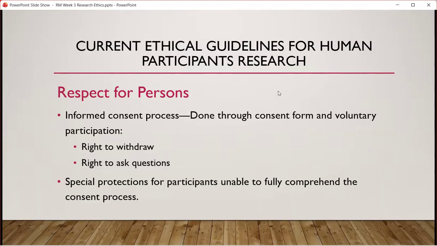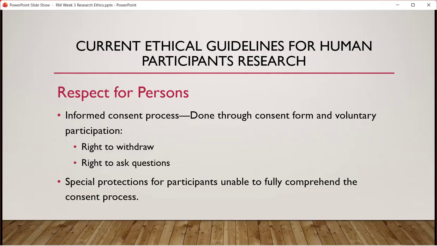So our current ethical guidelines for human participant research is respect for persons. So this means we have the informed consent process, voluntary participation. Participants have the right to withdraw. They have the right to ask questions. And they also have the right to request the research or data after it is completed.